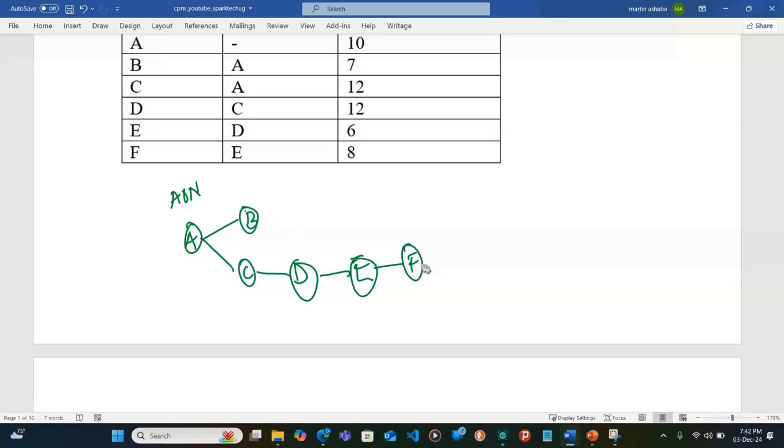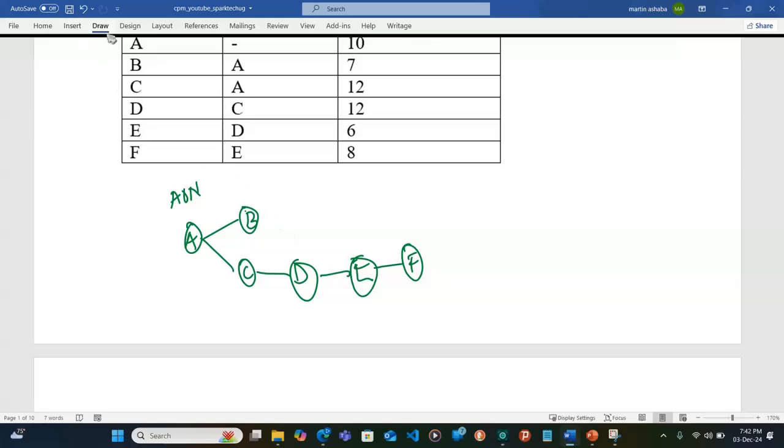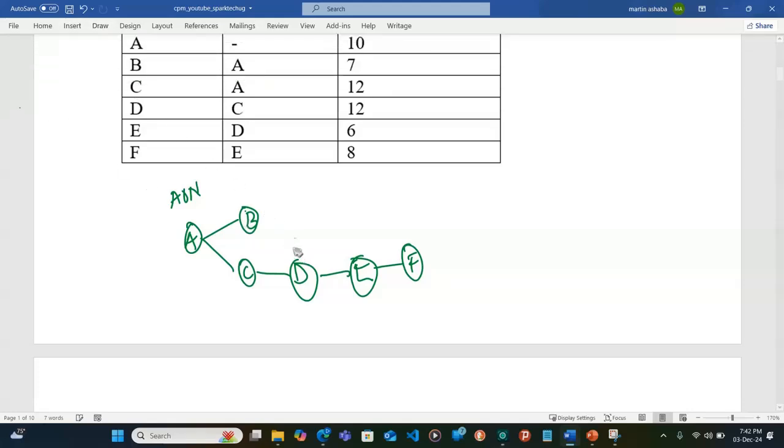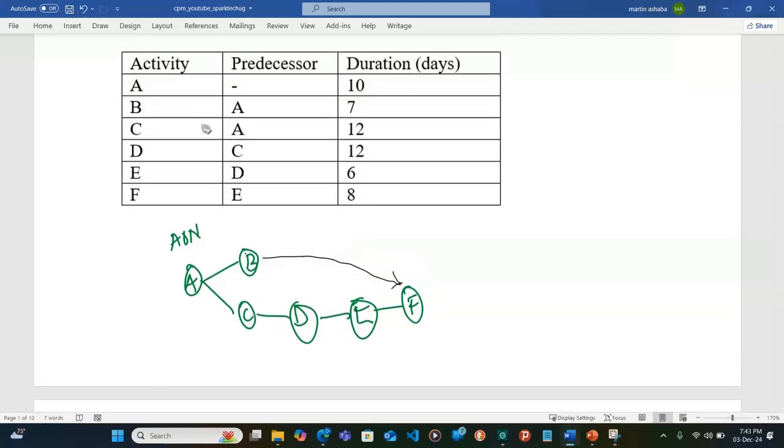So this is the final activity, and therefore it is always a good practice to close the network. So you start from A, you end at F. So you can look at the number of days that you're going to take.